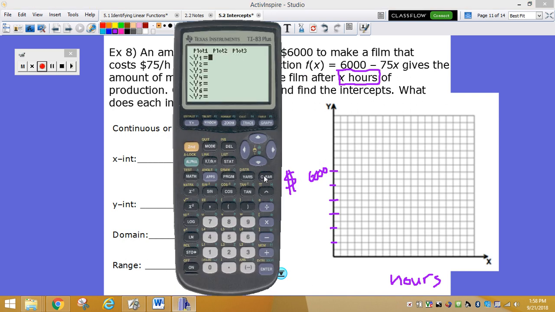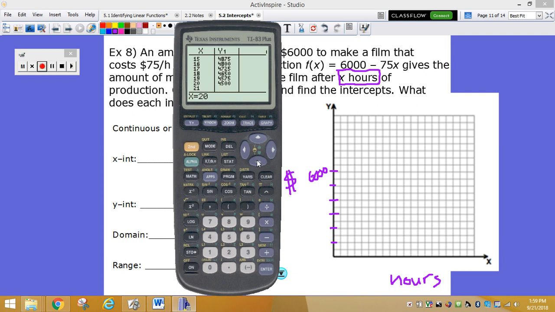You could find the x-intercept and find the y-intercept the way we just did it, or I'm going to do it like this, 75x. I'm going to hit second graph again because I want to go to that table, and I want to find, there's my y-intercept at 0, 6,000. So I'm going to scroll down until I get to 0.